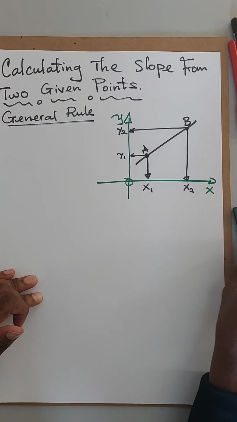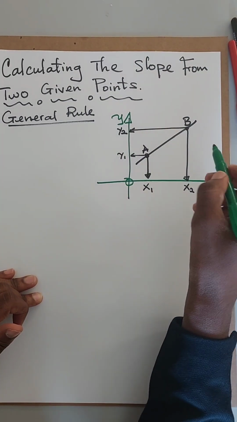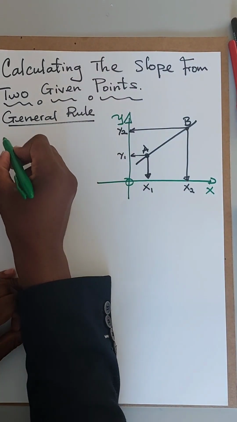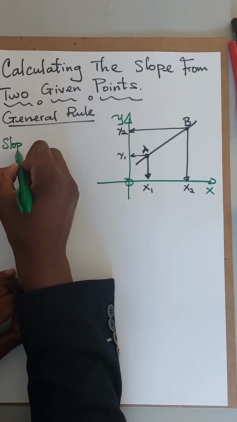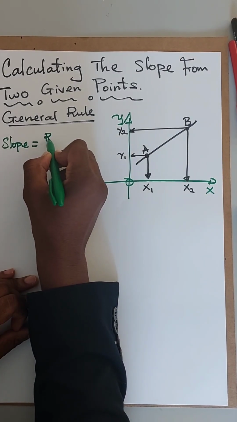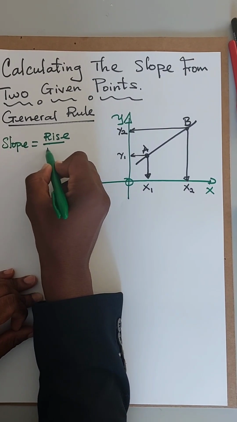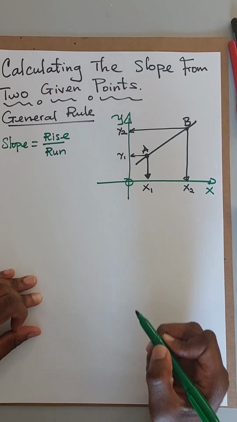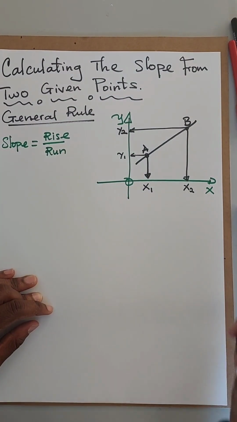To find the slope using these 2 points, we need the rise and the run. We have already established that slope is calculated by finding the rise divided by the run.